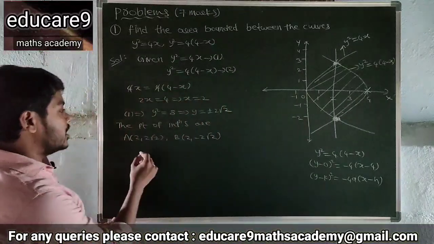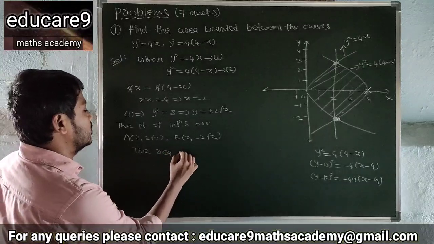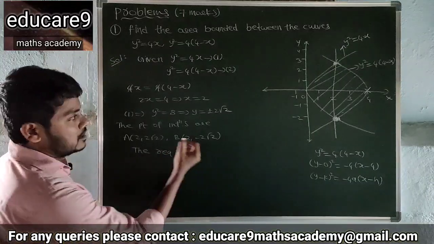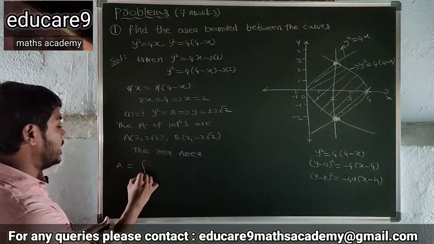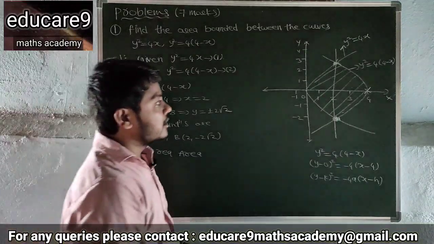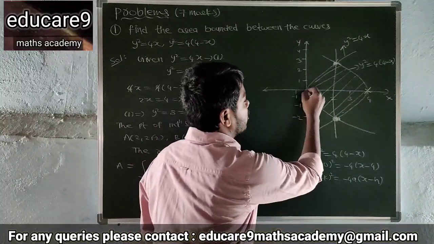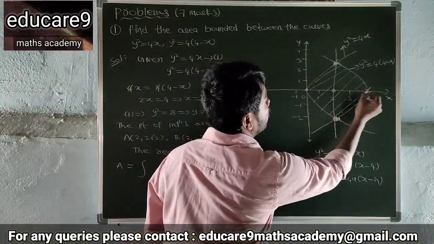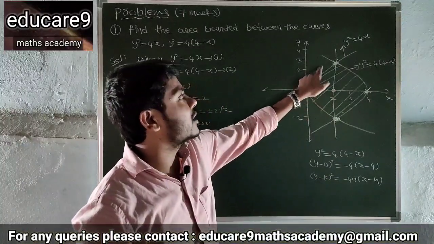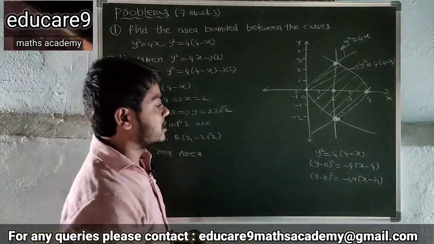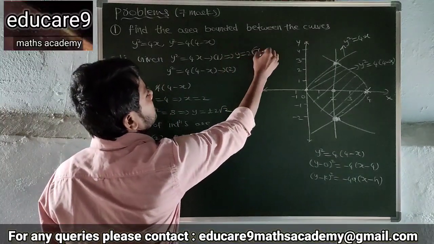Now therefore the required area A is equal to the integral. We have to divide the interval into sub-intervals: one is 0 to 2 and the other is 2 to 4. Between 0 and 2 the upper curve is y square equal to 4x, so y can be written as 2 root x.